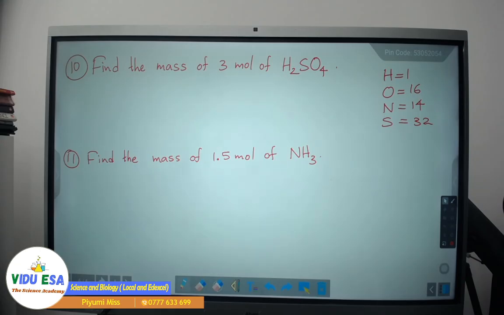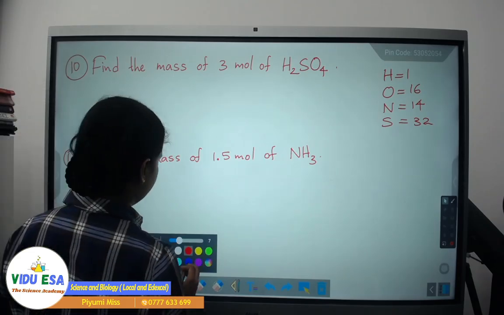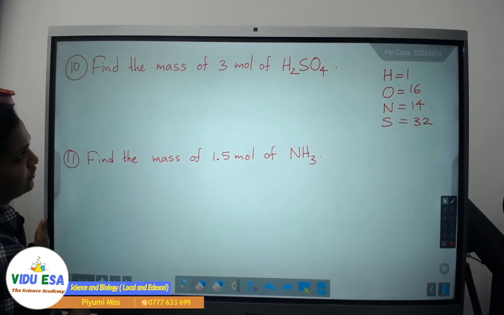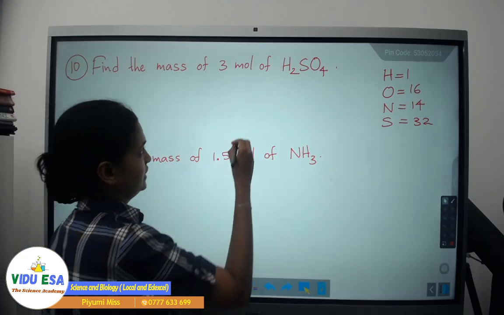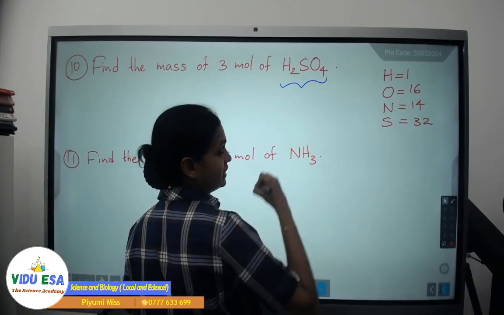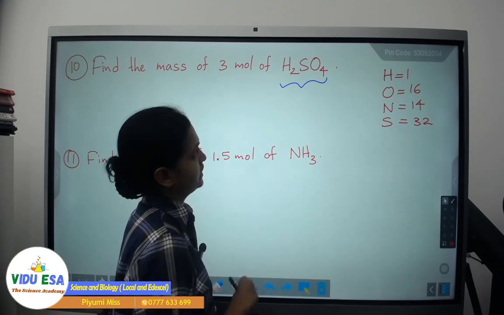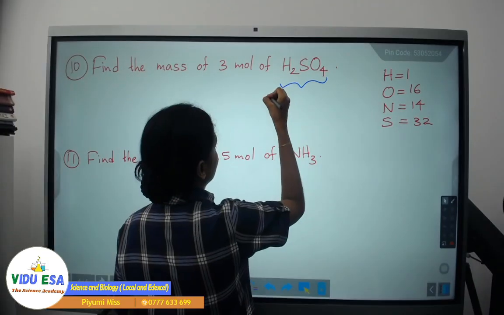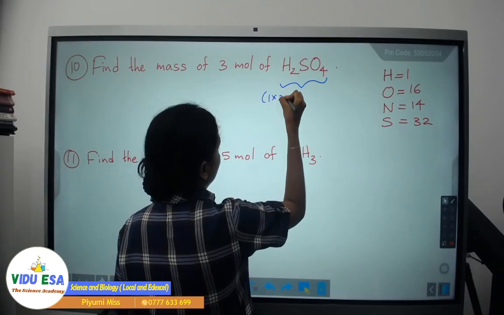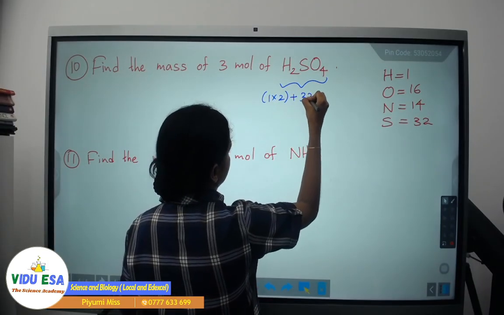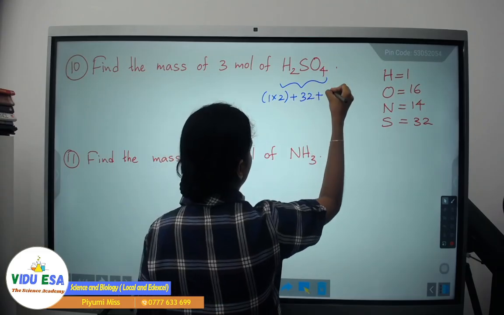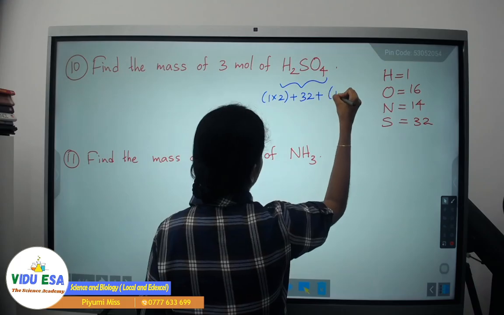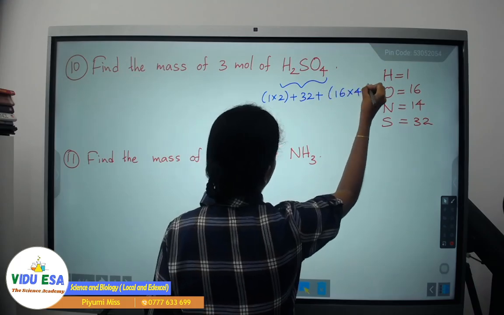Okay, let's see. Find the mass of 3 moles of H2SO4. So, first you have to find the relative molecular mass of sulfuric acid. So, it is 1 into 2 plus sulfur is 32. Since there are 4 oxygen atoms, you have to multiply 16 by 4.